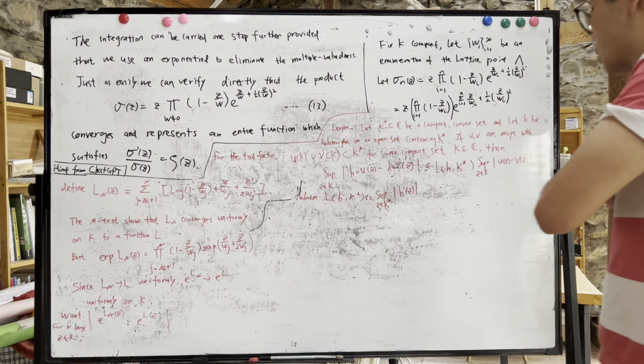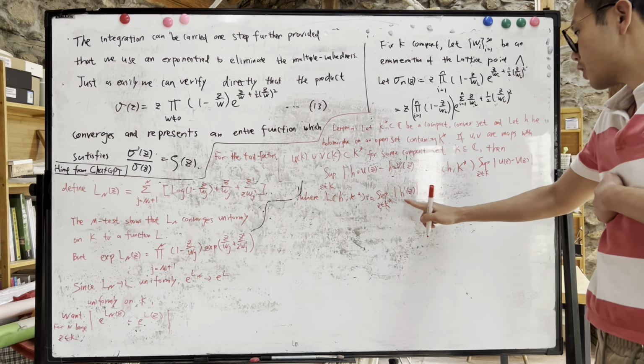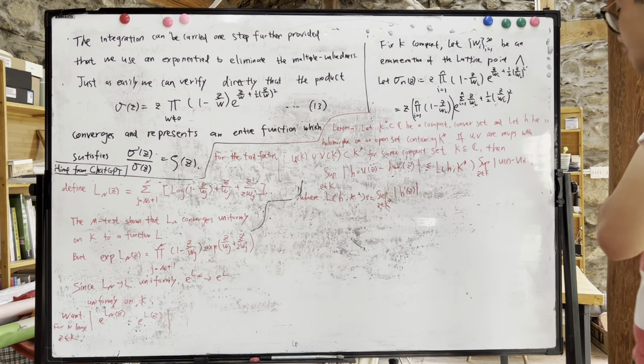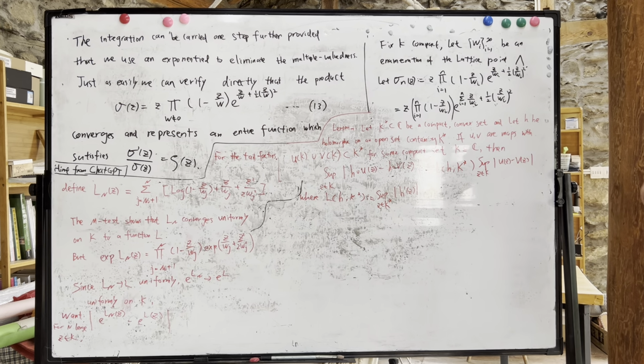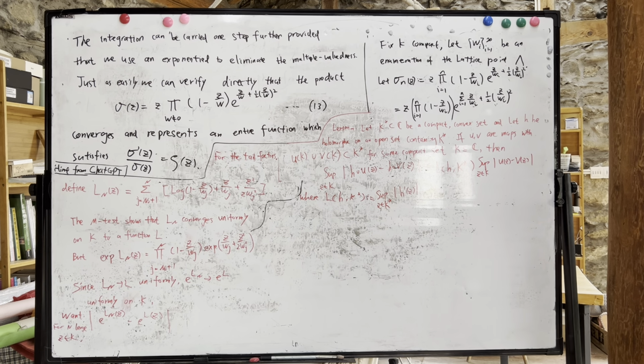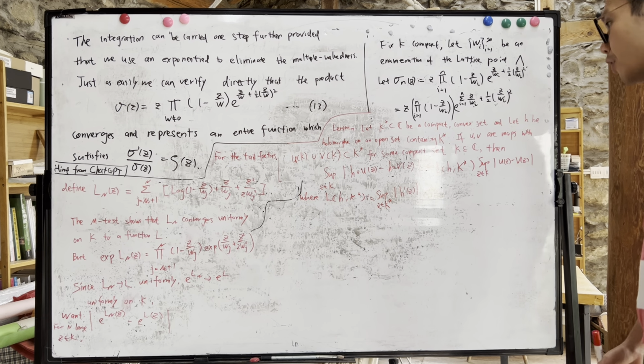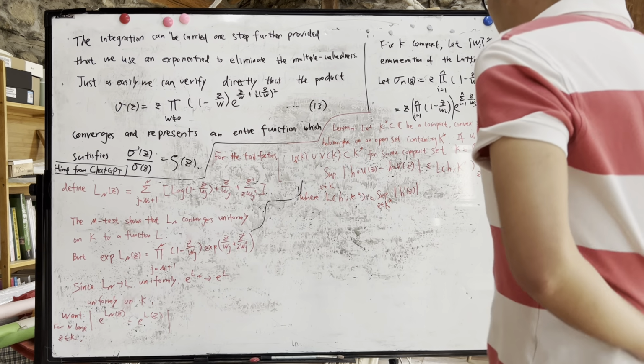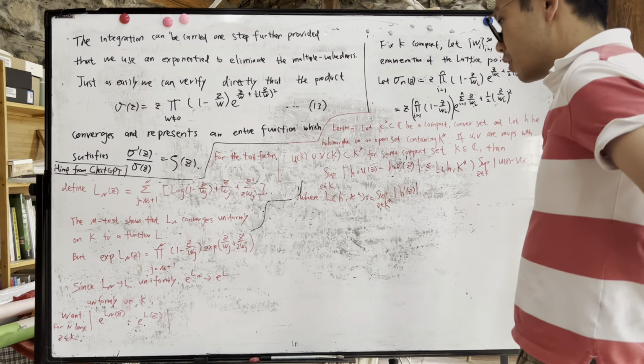So basically it is a first degree bound of H on the set K star.